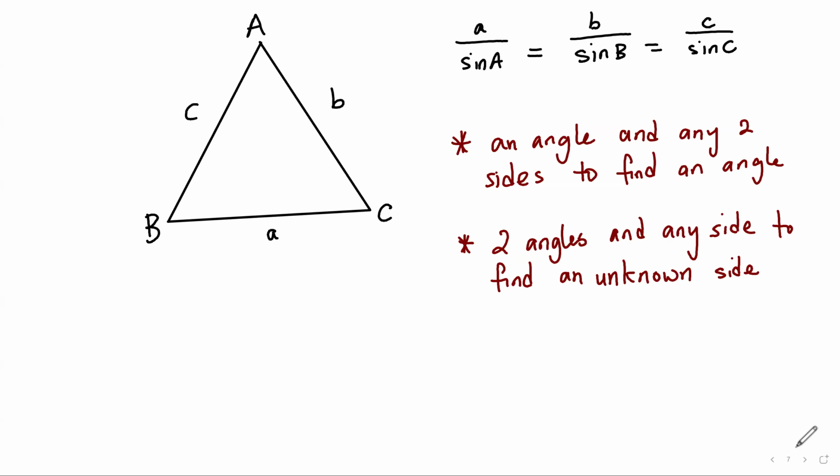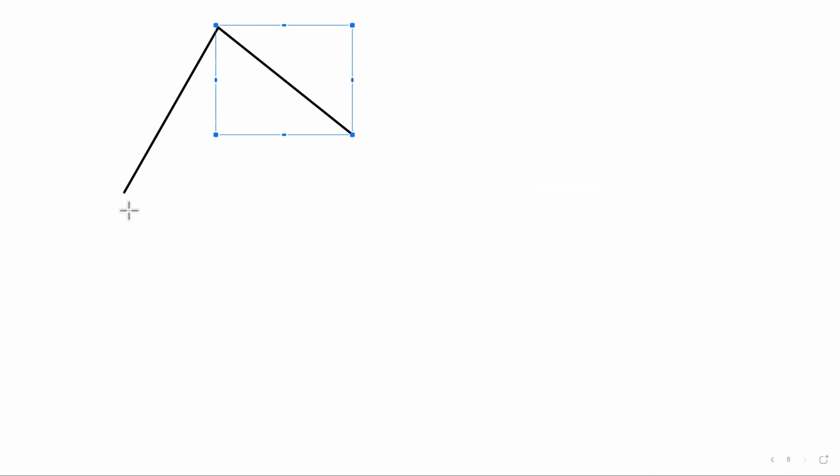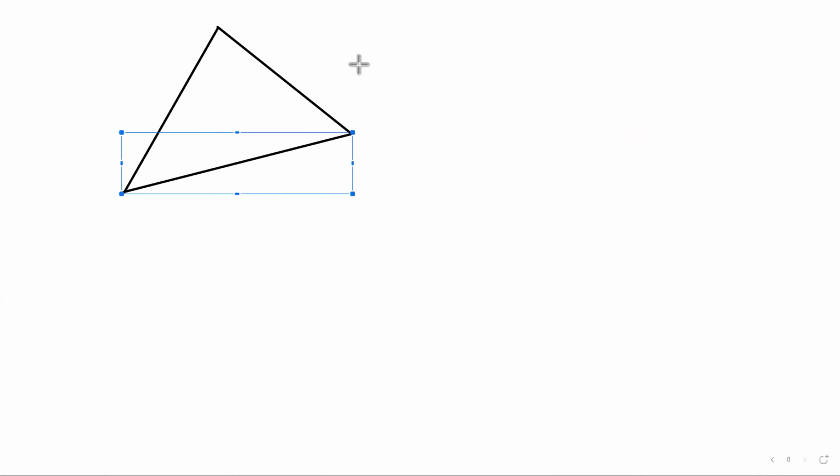But we're going to use the sine rule to find an unknown angle. So let's draw the triangle quickly. With the sine rule, unlike the cosine rule, it doesn't have to be the included angle. It could be a different angle, right? So let's say this angle here is 30 degrees.